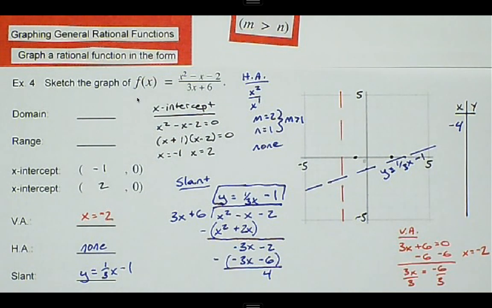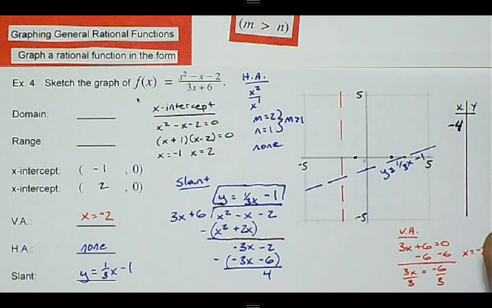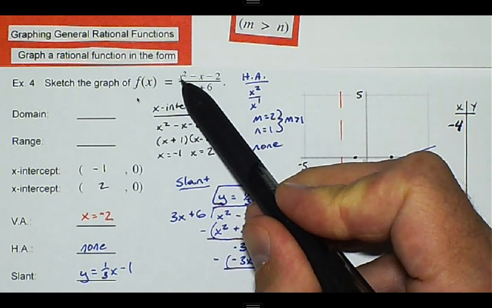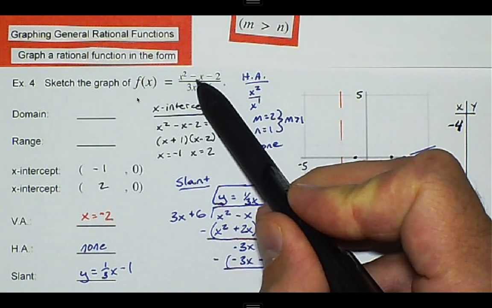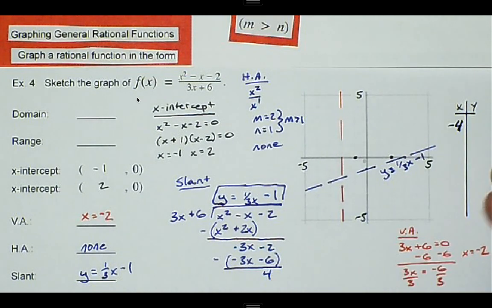So we pick negative 4. So if we substitute negative 4 in, negative 4 squared is 16, minus a negative 4 is 20, minus 2 is positive 18.